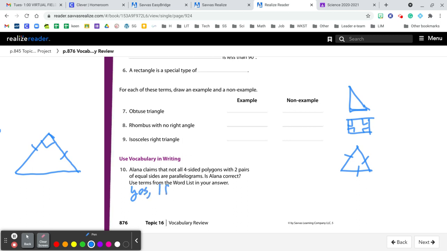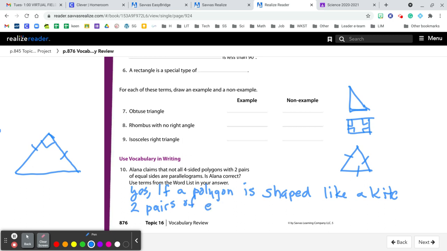If a polygon, remember a polygon is a closed shape made with straight sides, if a polygon is shaped like a kite, it may have two pairs of equal sides that are not parallel.